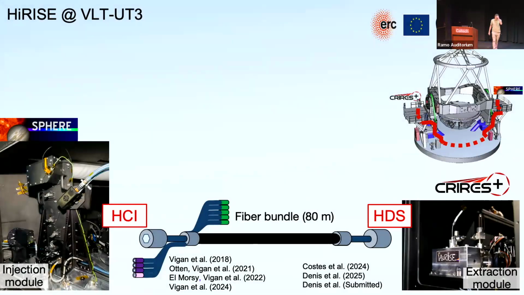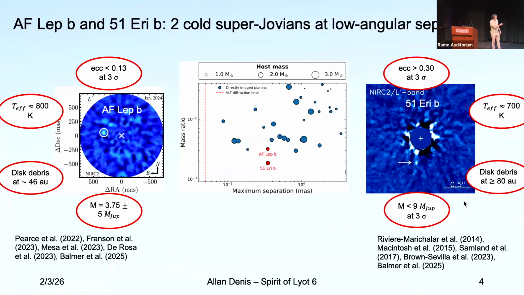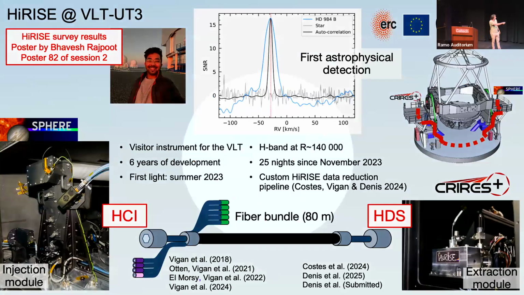So the principle is to get high resolution spectroscopy of exoplanets that are really faint and close in to their host star. And so the instrument has been under 6 years of development, and the first light was during summer 2023. So you can see here an example of the first astrophysical detection.